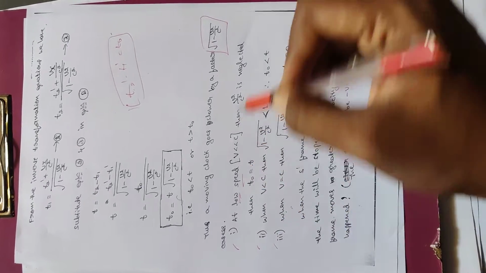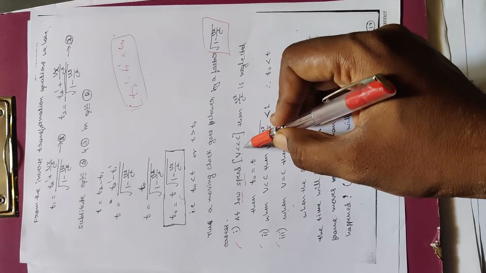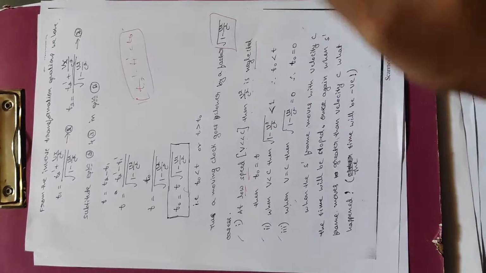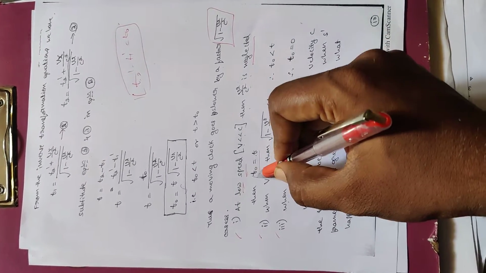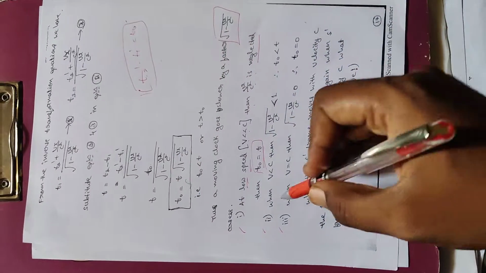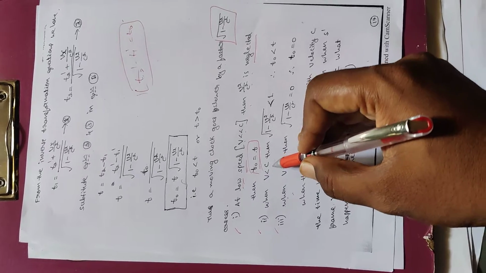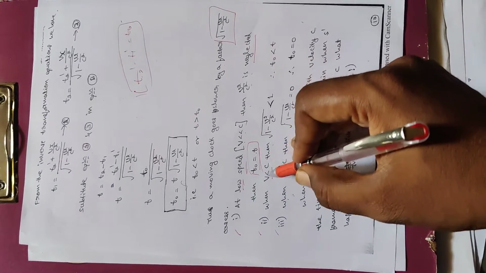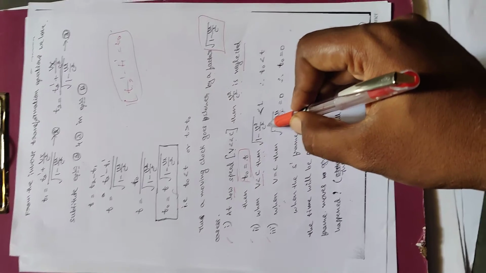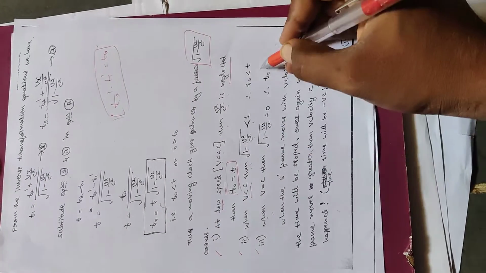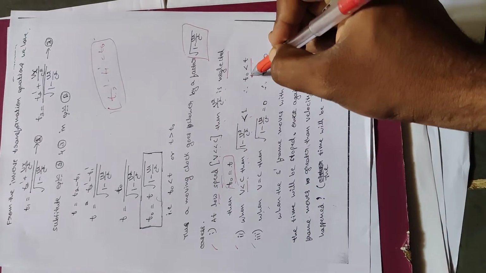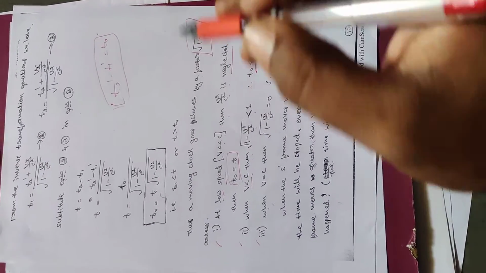At low speed, that is when velocity is very much less than c, v square by c square is neglected, and t naught equals t. When v is a little less than c, the square root of 1 minus v square by c square is less than 1, so t naught is less than t.